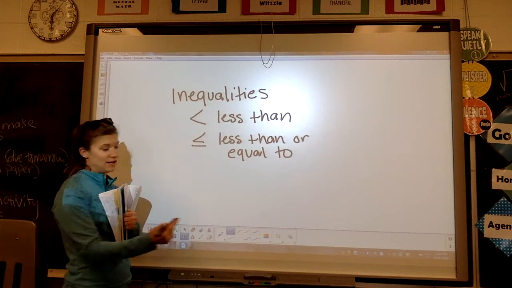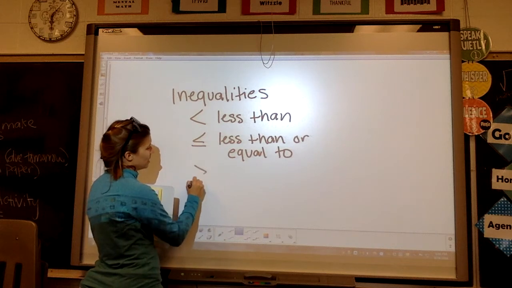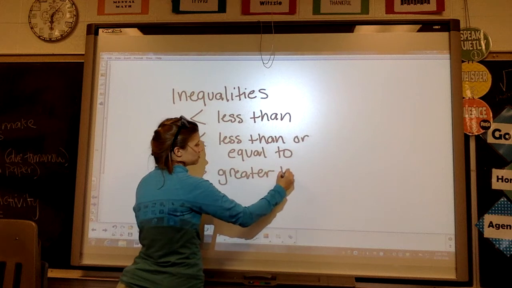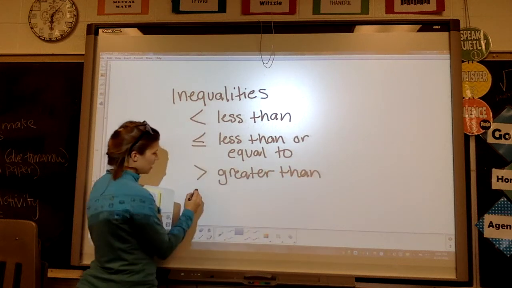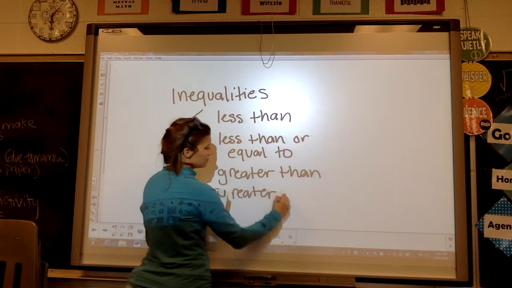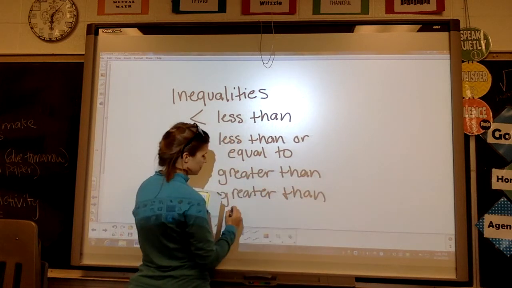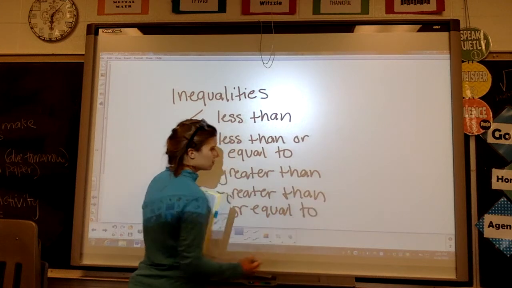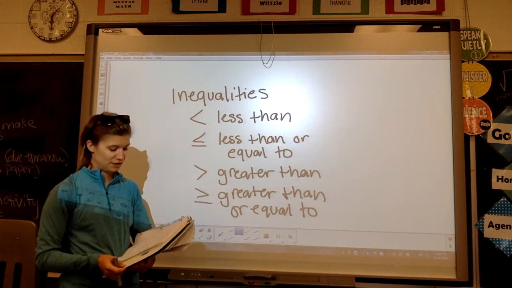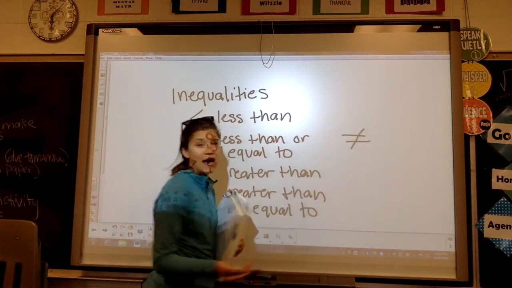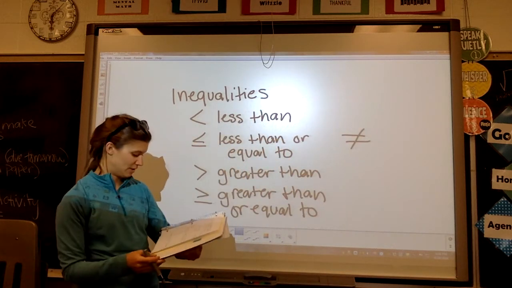And then we have the greater than signs. So we have greater than, and we have greater than or equal to. So those are all of our inequality symbols. You can also just have an equal sign with a line through it, which means not equal to. That's technically also an inequality sign.